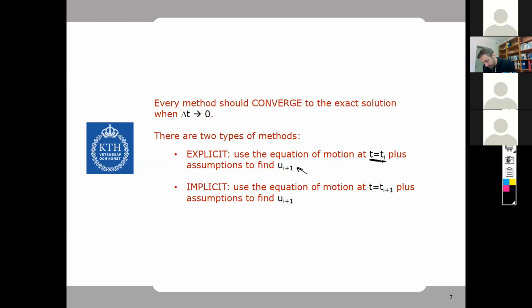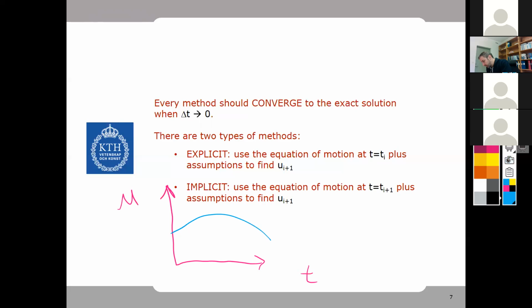Now, the other type of method is the implicit method, and these do the opposite. If I draw again, we have a displacement and the time, and we have a curve, and we have a point that is known, and we have a point that we want to know.